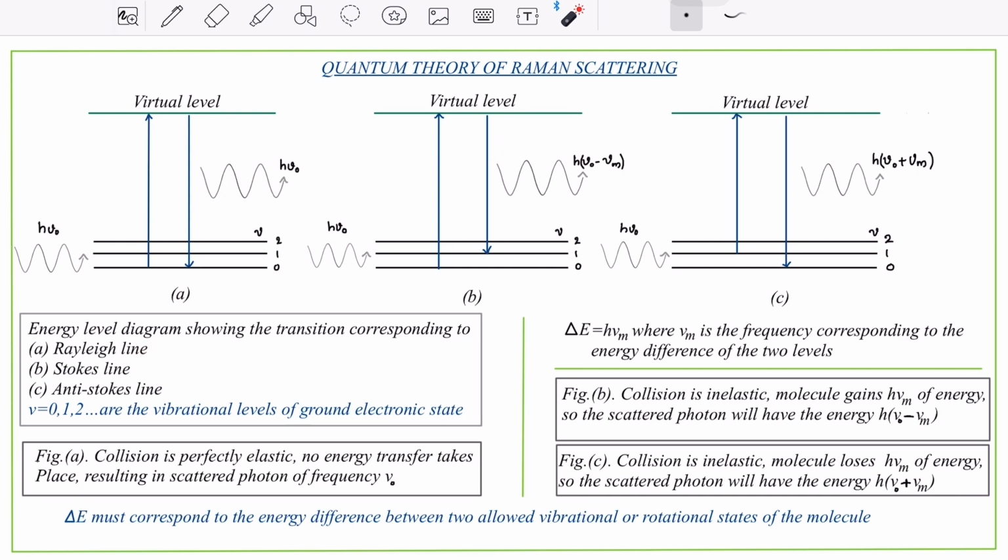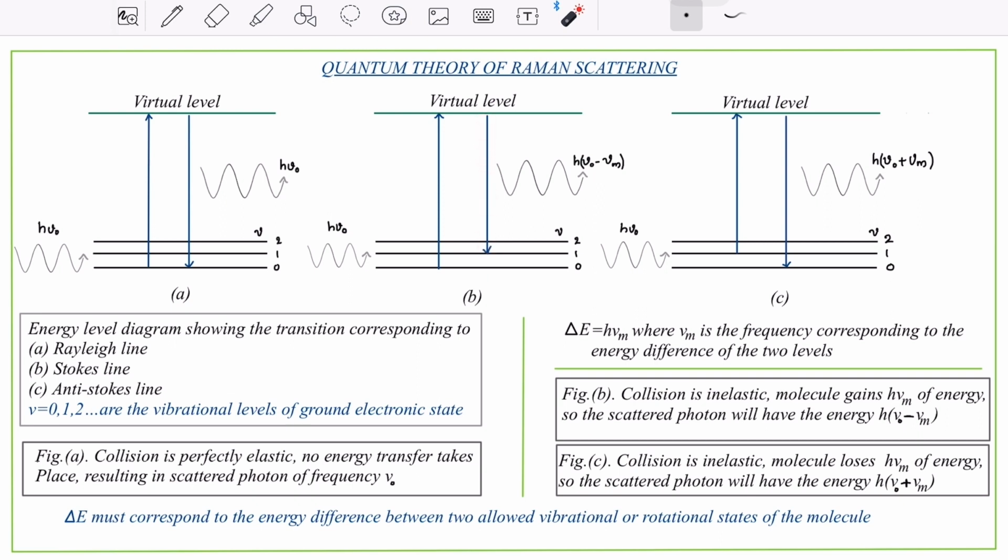In figure B, the molecular system absorbs an amount of radiation h nu 0 and undergoes a transition from the ground level to the virtual level, but from the virtual level it returns to a state of higher energy.